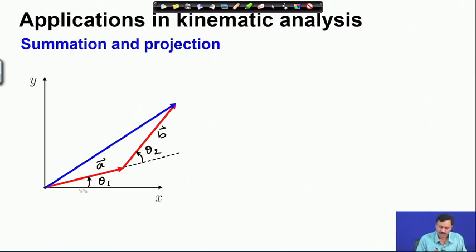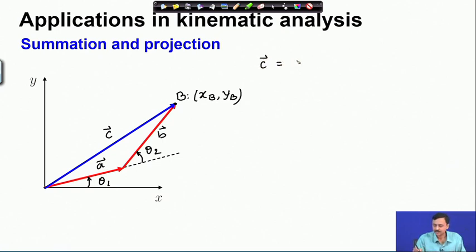So, theta 1 is the angle that A makes with the x axis, theta 2 is the angle that B makes with the A vector. So, such situations arise. Let us call this point B, whose coordinates are x b, y b. I would like to find this vector C, which is the position vector of point B, in terms of the magnitudes and directions of vectors A and B.